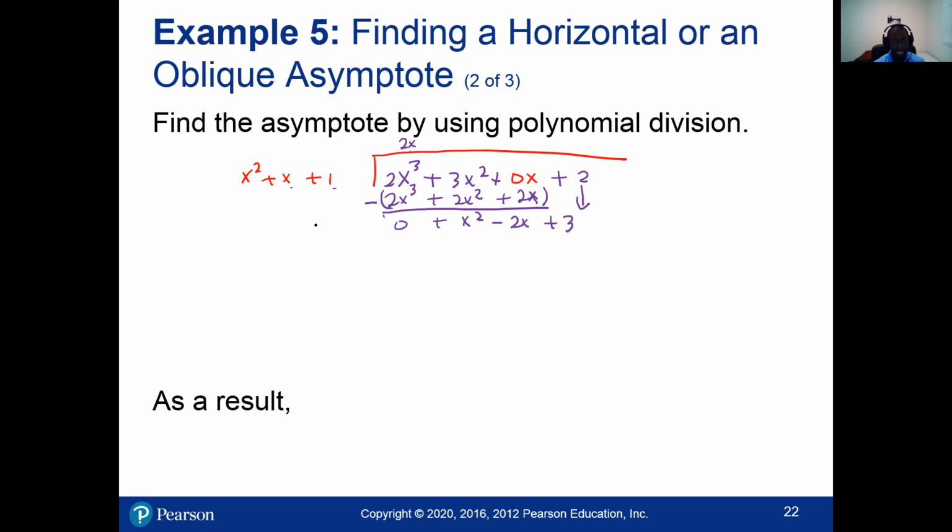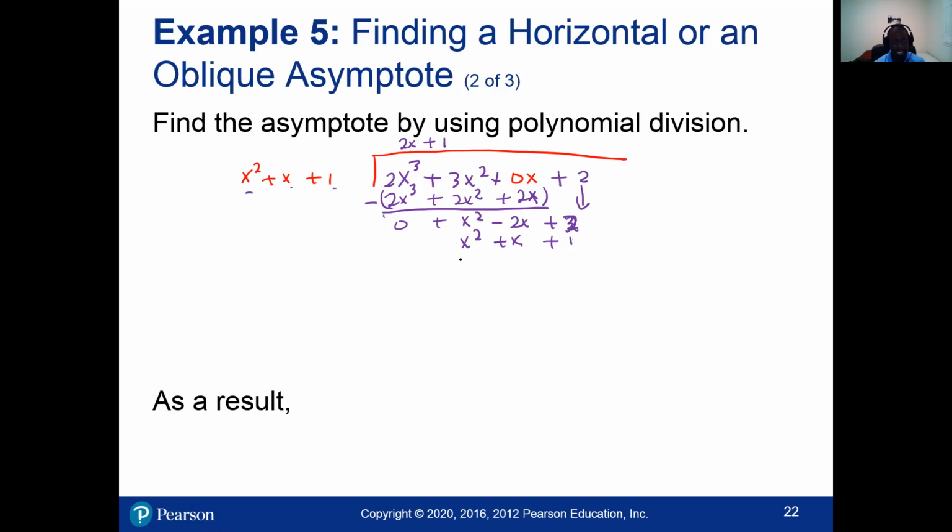Again, x squared into x squared is positive 1, so that's plus 1. 1 times x squared is x squared, 1 times x is positive x, and 1 times 1 is 1. Sorry, this is 2, not 3.